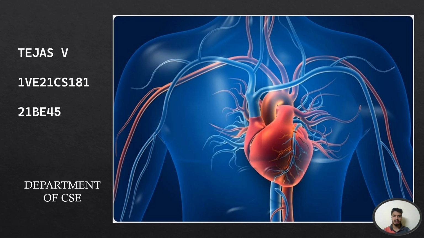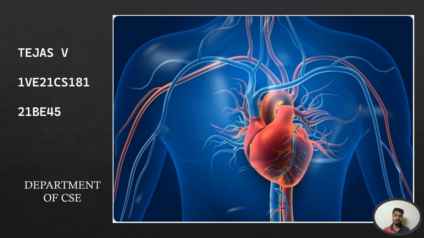Today we are going to learn about the topic human heart, various functions of heart, various heart diseases, and how our heart pumps the oxygenated blood to each and every part of our body, and how the deoxygenated blood from different parts of our body is collected by our heart for the purpose of oxygenation.